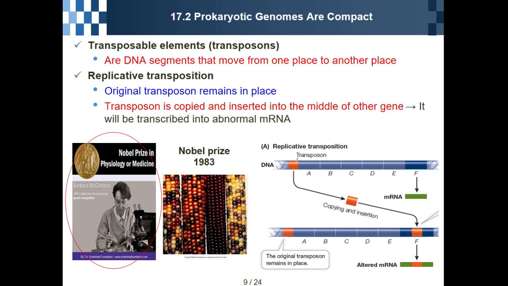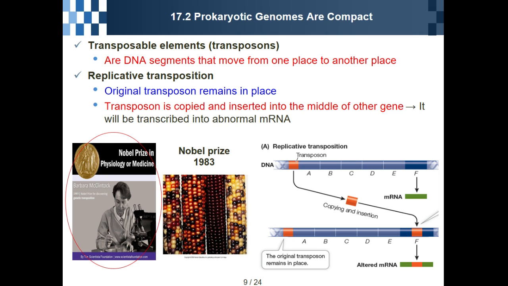They have the transposon element. This element remains at the same place, but the important thing is this element is copied and inserted into another region. So they are composed of A gene, B gene, C gene, D gene, E gene, F gene.